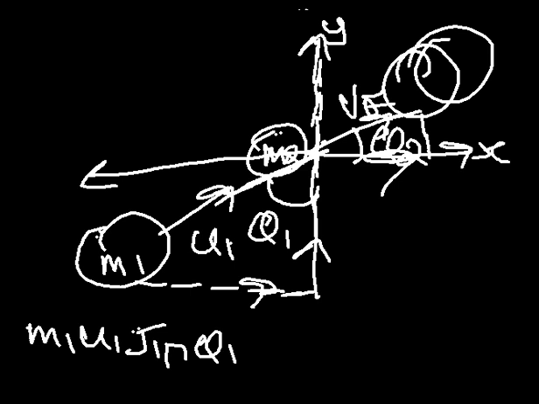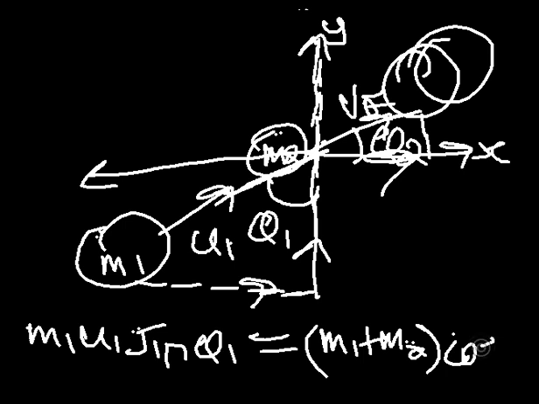Since the other object is at rest, it contributes nothing. Then since they are sticking together, we'll have m1 plus m2 times cos theta 2 times the final velocity. So keep that in mind.